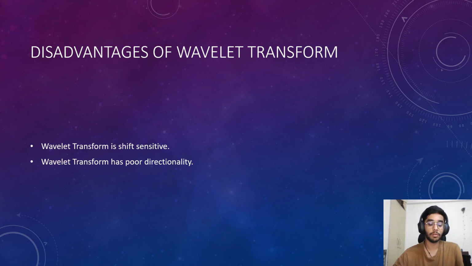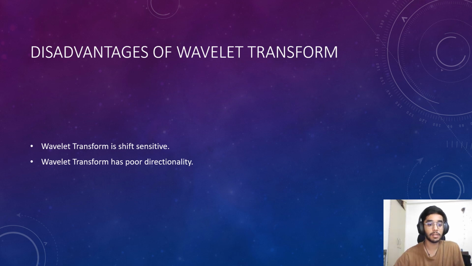In Fourier transform, the signal after transformation is not shift sensitive, but a wavelet is shift sensitive. This means that when a wavelet gets shifted in time, it generates different coefficients in both time and frequency shifts.